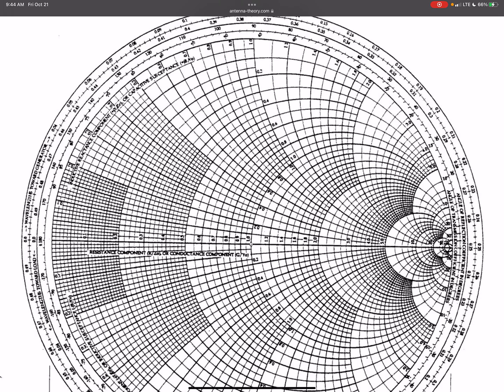Guys good? So it's just a graphical tool. We'll show a couple of examples of how this gets used. There's a bunch of different ways this gets used. You can see how we're gonna draw a point here which represents a particular impedance.